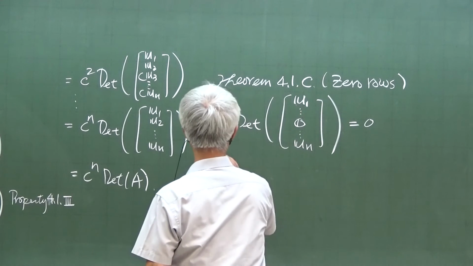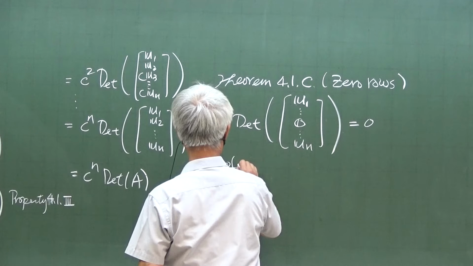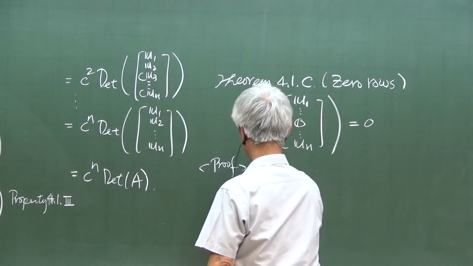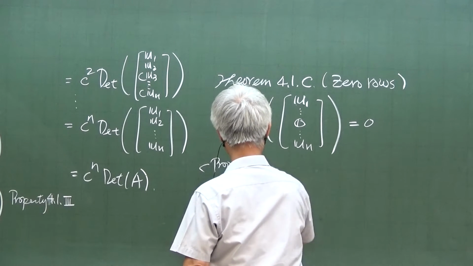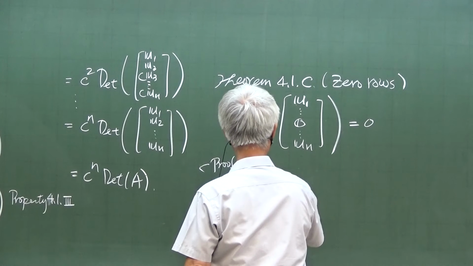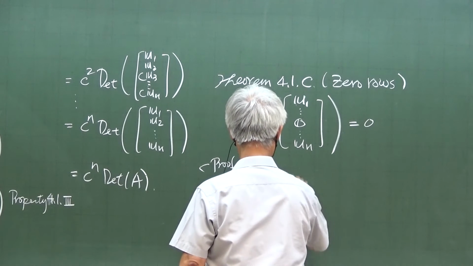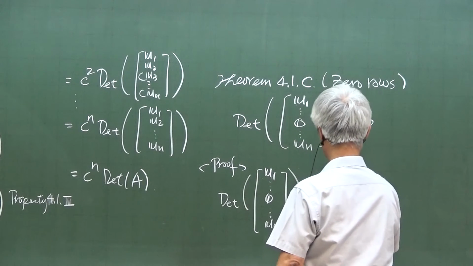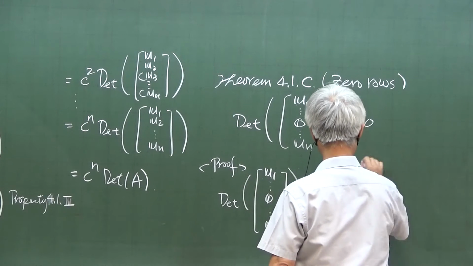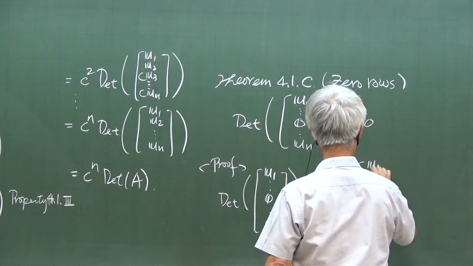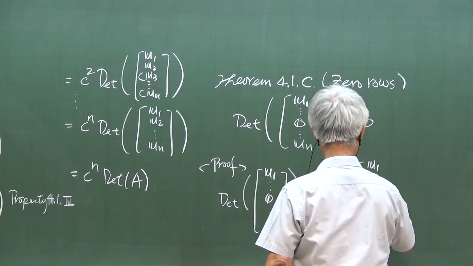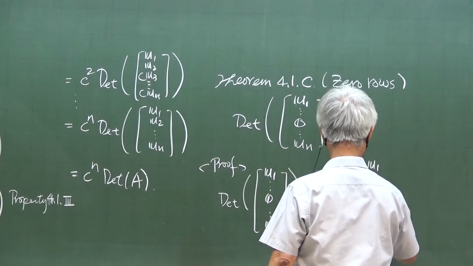The proof is easy because the determinant of U1, zero vector, Un is the determinant of U1, zero vector, Un.